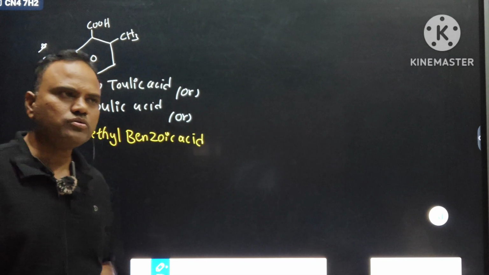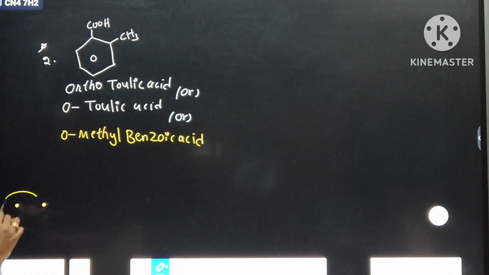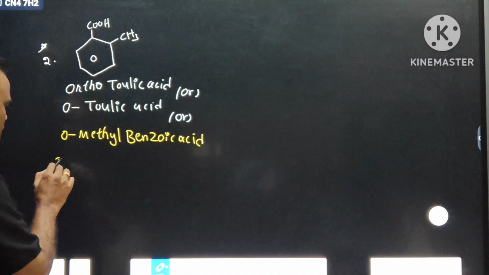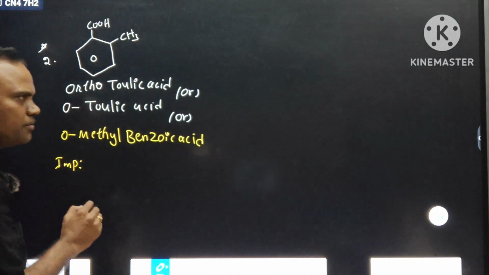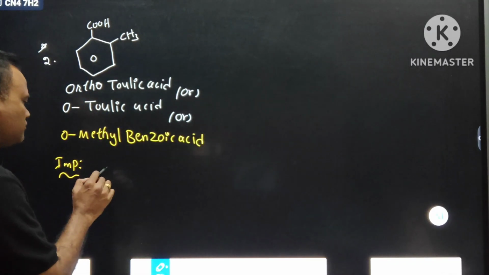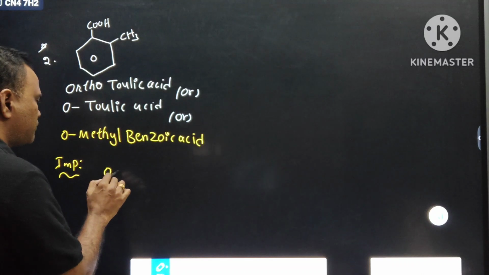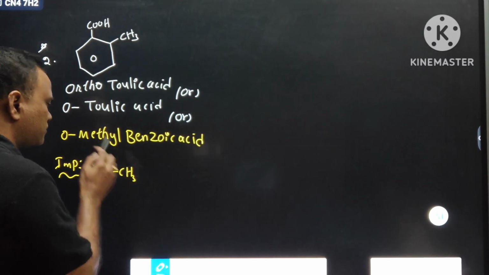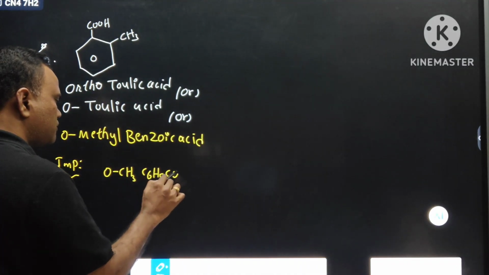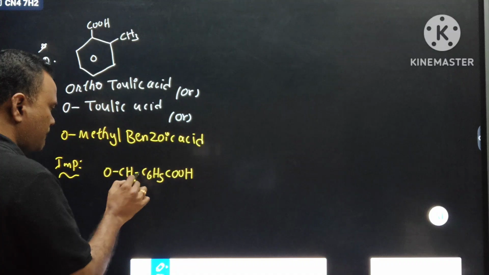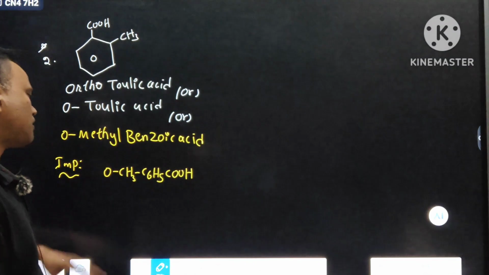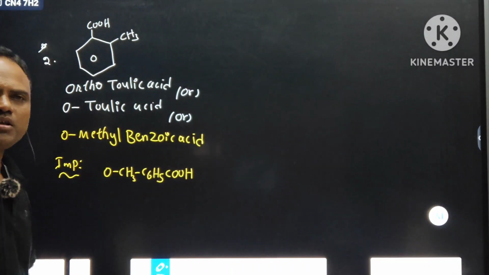You will get it like this also. Another important representation: o-CH3C6H5COOH. Simple representation. o-CH3C6H5COOH means orthomethyl benzoic acid.